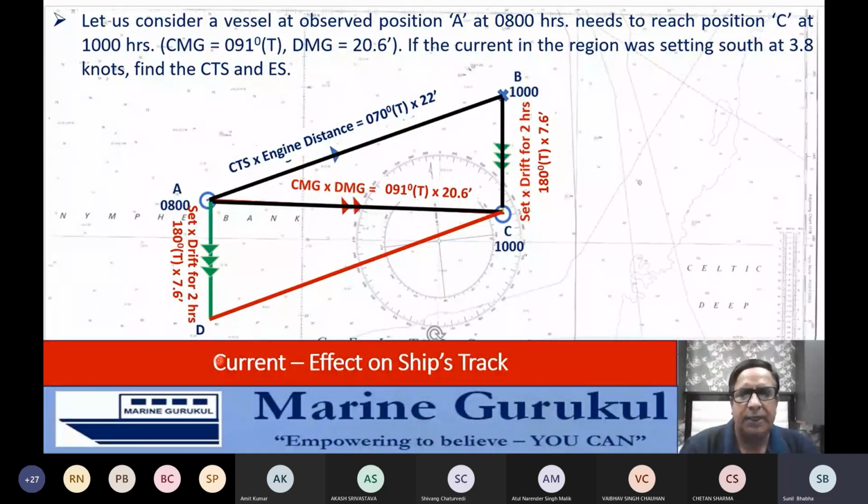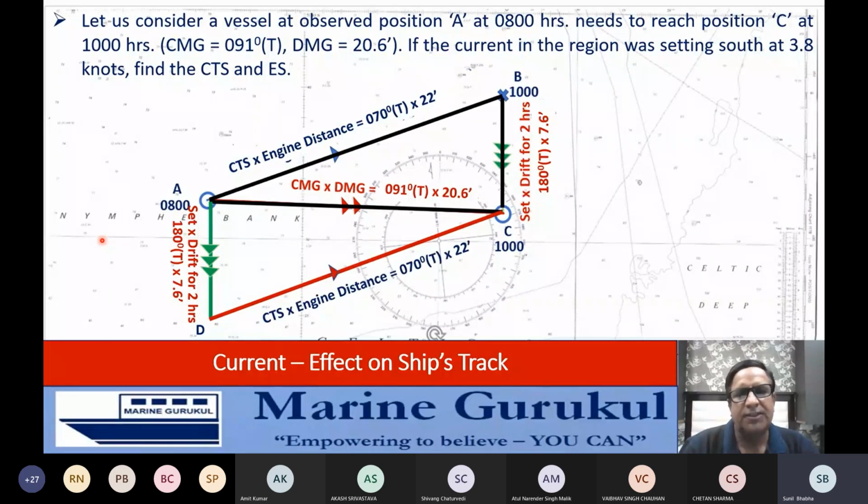Obviously, then AB and DC are parallel to each other and also equal in magnitude. Since it's a parallelogram, D to C represents the CTS, and the D to C distance represents the engine distance in 2 hours.